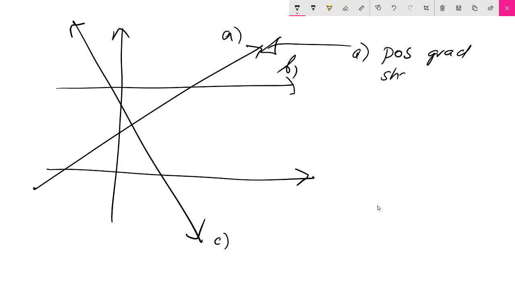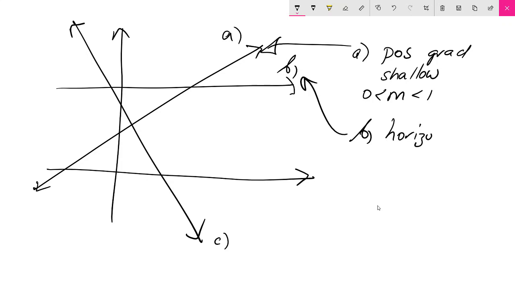I can say it's shallow. And if it's shallow, it means that the gradient is between 0 and 1, so it's less than 1. If I look at the B line, it's going straight across, so it's horizontal, that means the gradient equals 0.